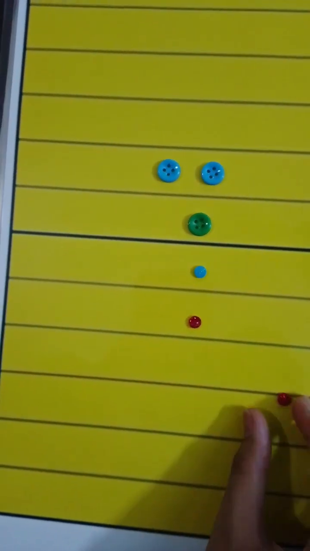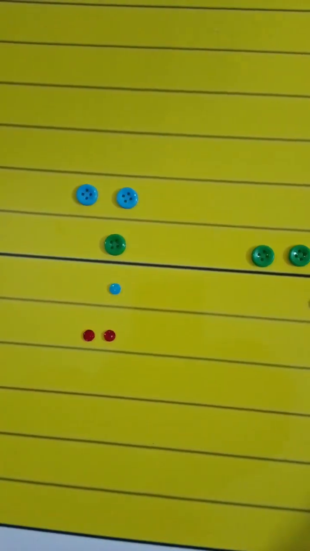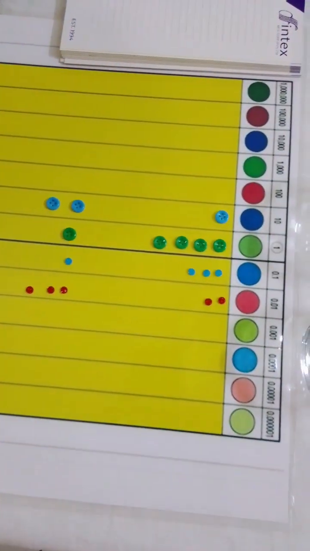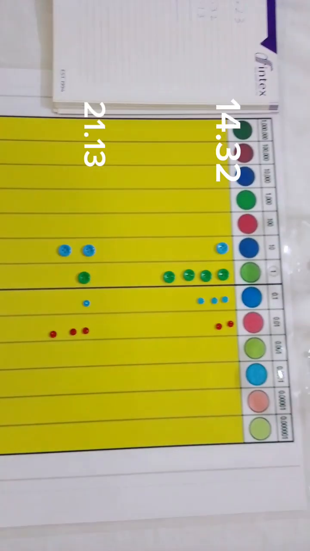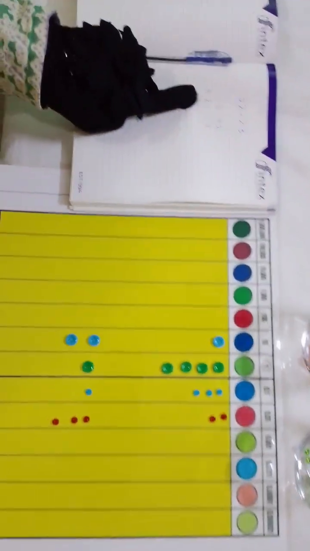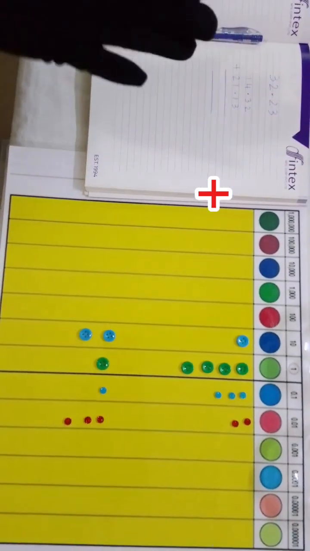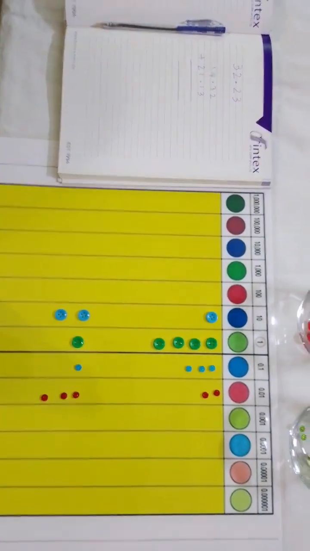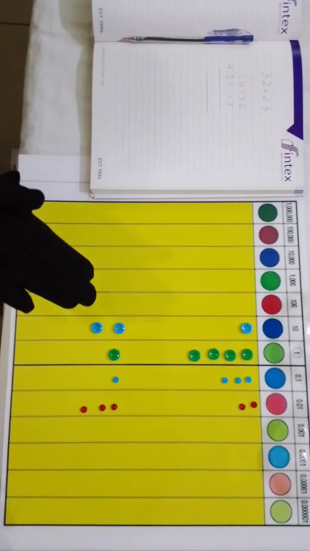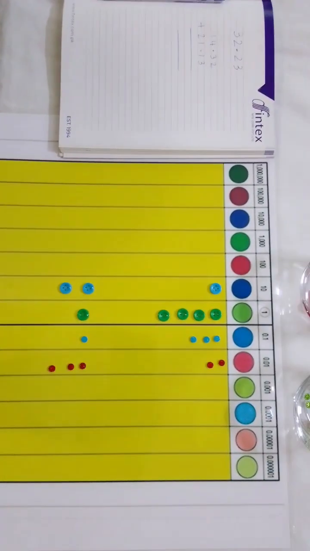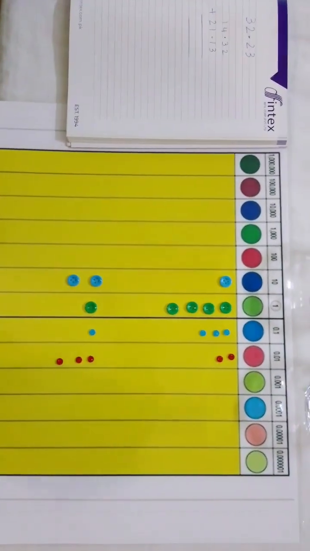Well done. Wonderful. Brilliant. Now look, this sign means addition. And what does addition mean? Addition means putting together. So we are going to put these together and let's shift them up. Could you do that, please?